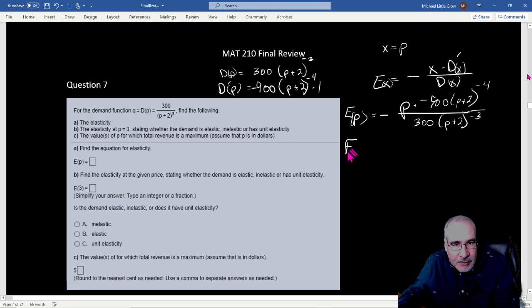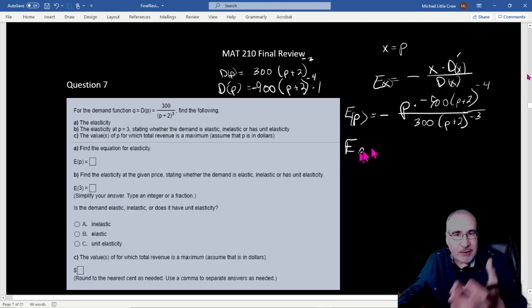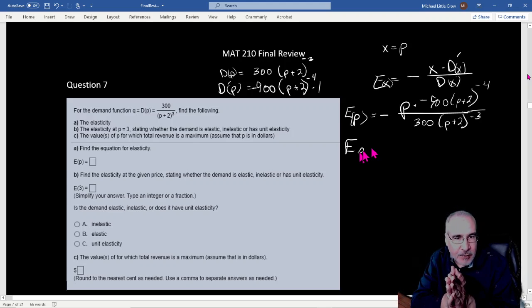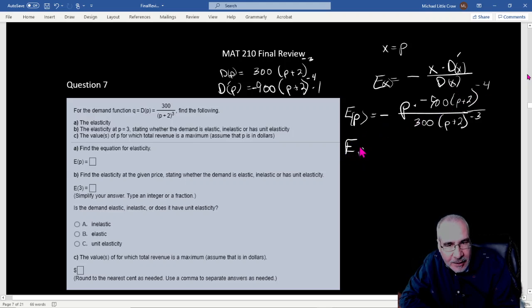Because the elasticity itself should be a positive number, it should be somewhere between 0 and 1, or 1 is unit elasticity. That's where we're going to get our maximum revenue. A number larger than 1 is elastic, meaning that the change in price has a tremendous effect on the demand. If it's below 1, then changing the price doesn't affect the demand that much.